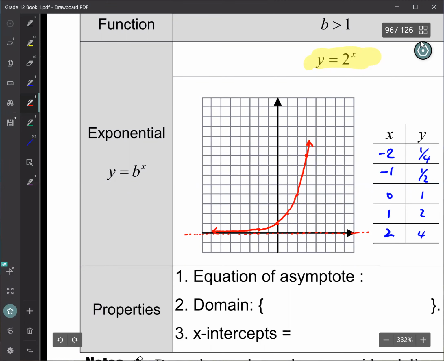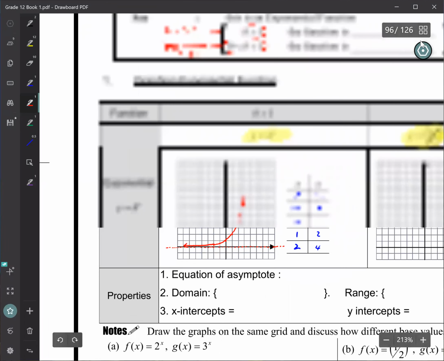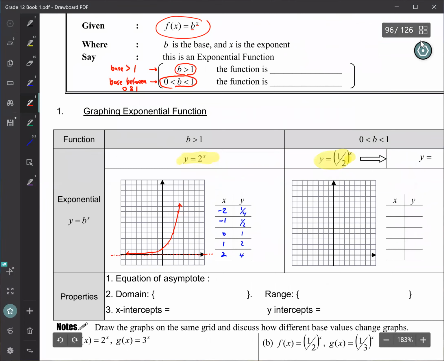All right, so let's go to the other side. Same thing, we're going to use the same points, the same x values. So please raise your hand if you finish the table.